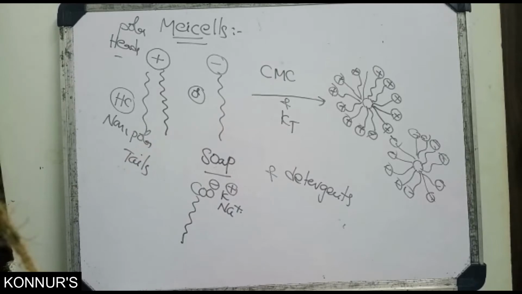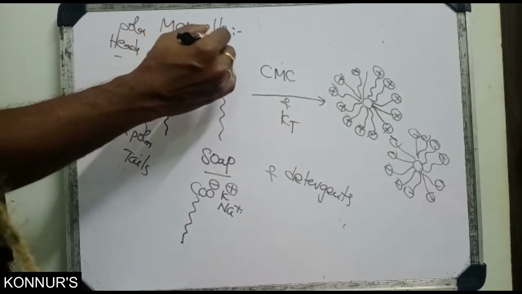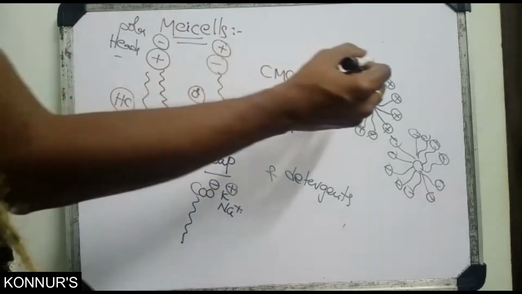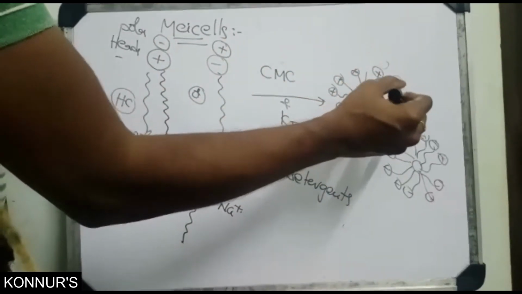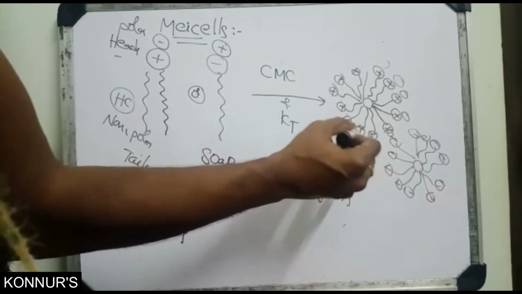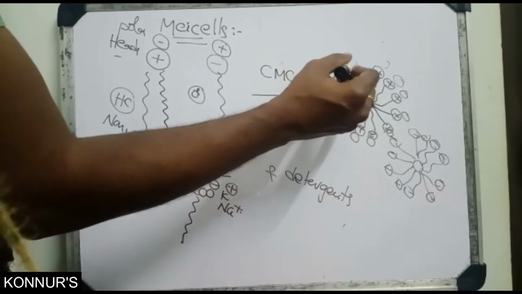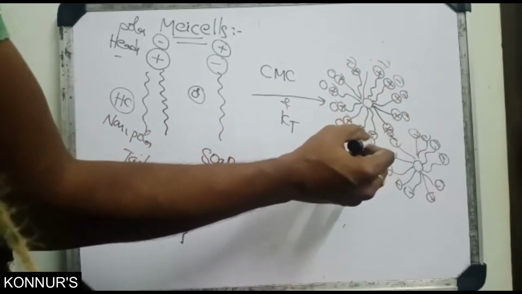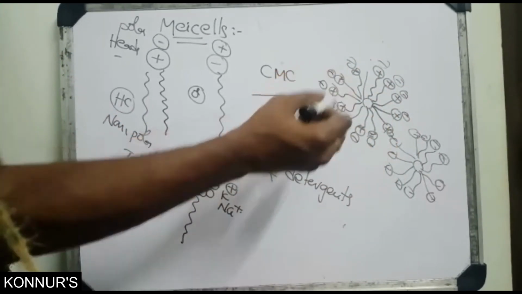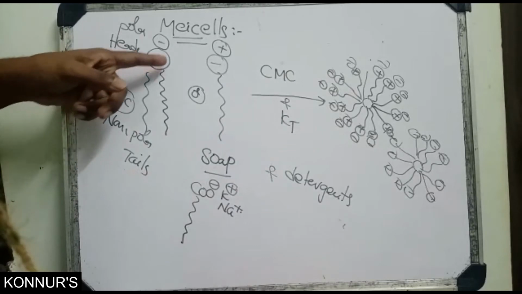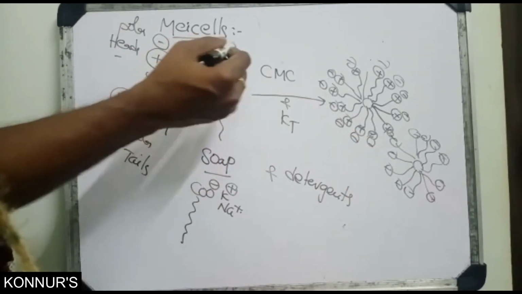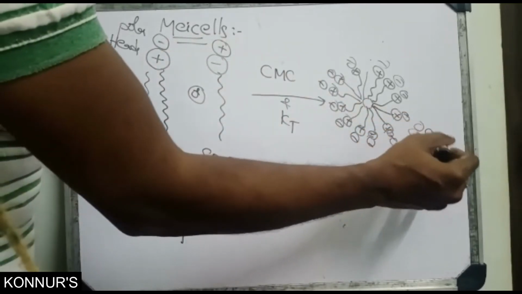So these are ions: a large chain positive surrounded with negative, a large chain negative surrounded with positives.